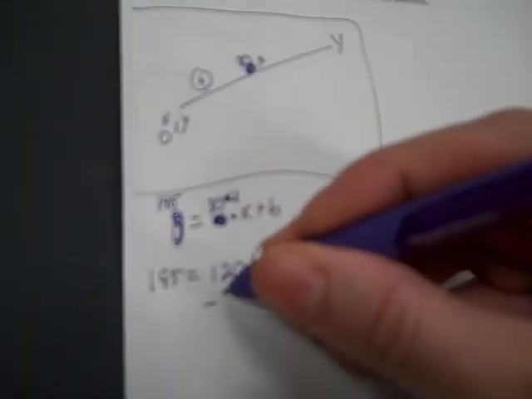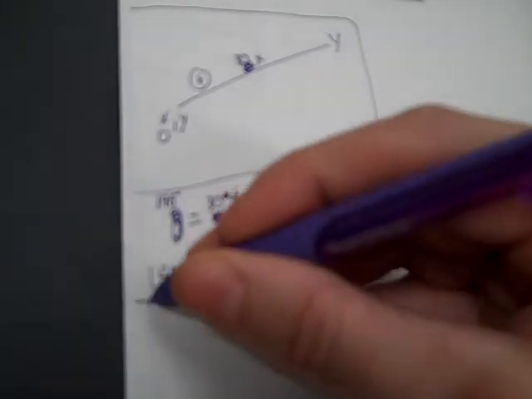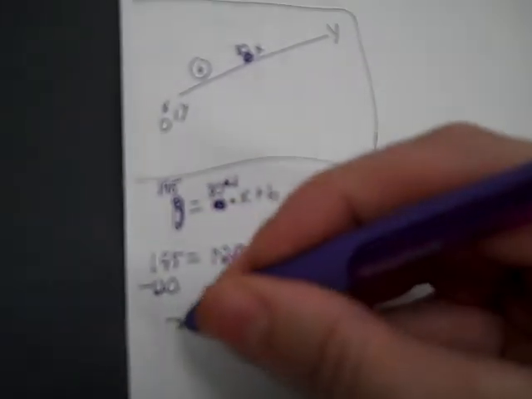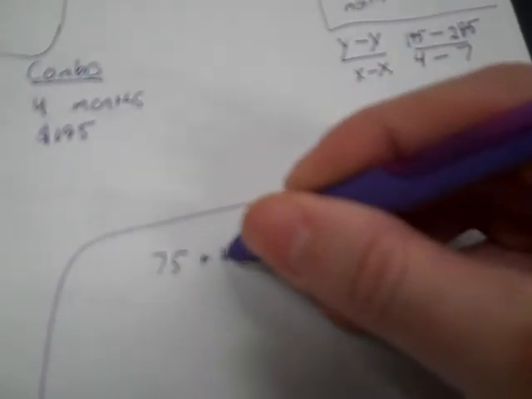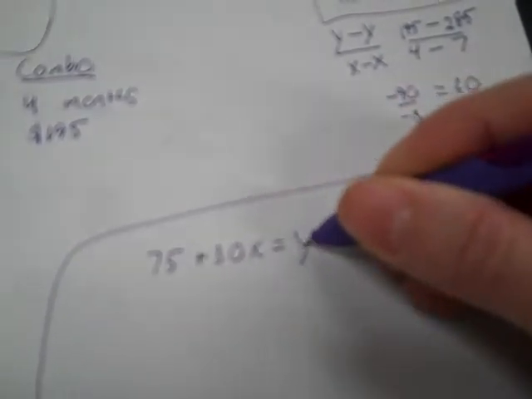And I need to subtract the 120 because the difference in these costs ends up being my startup fee. So 75 equals B. Okay, so now I can write my equation pretty easily. 75 plus 30X equals Y.